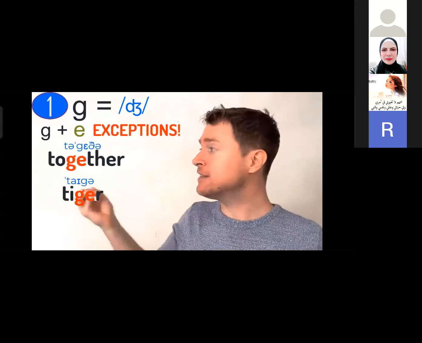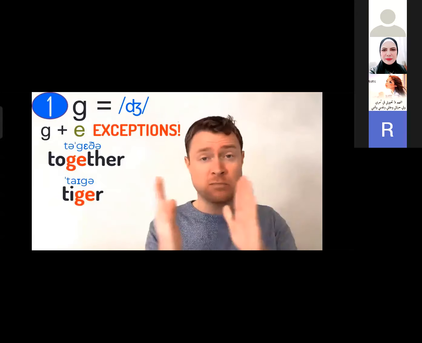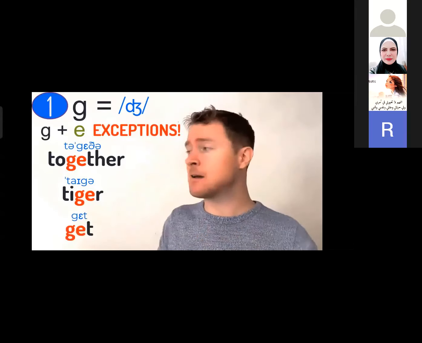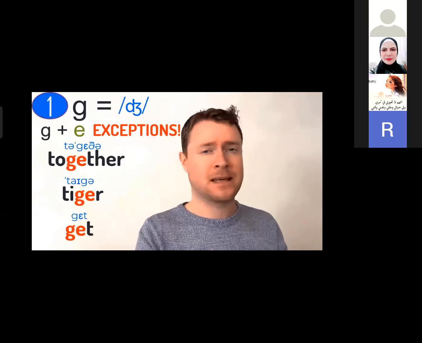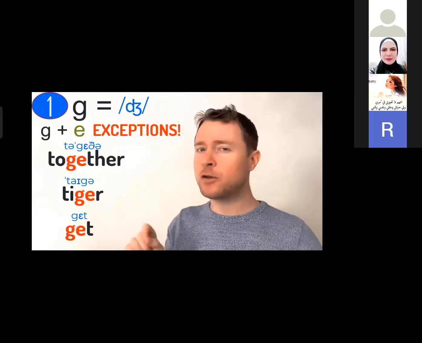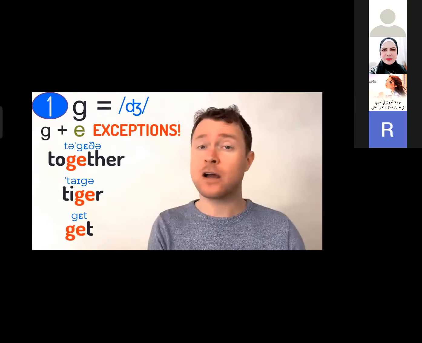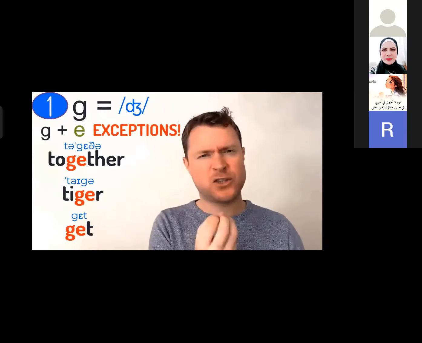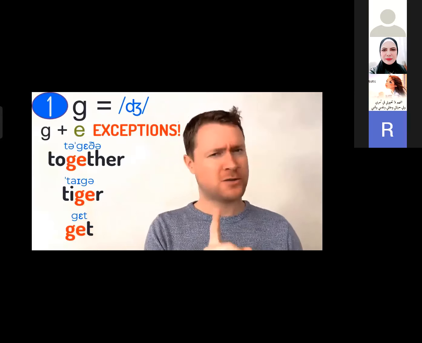Also in tiger, the animal, tiger. Okay, and even in small words like get, I get something from my friends. Okay, do you get this? Get. So there are a lot of exceptions.